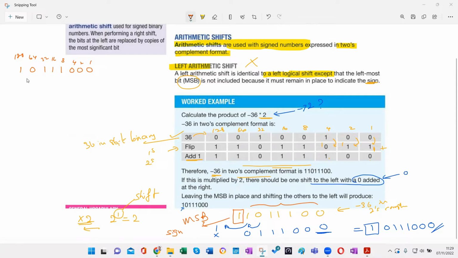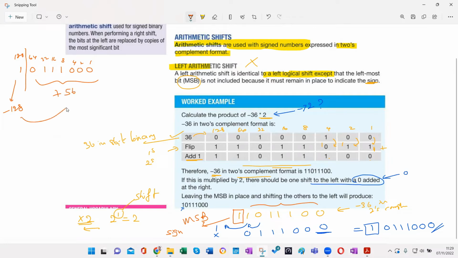All right. So how do you check whether this number is correct? You take the most significant bit and take that positional value as a minus value. That is minus 128. The rest, the magnitude, take it as a positive value. So what is the number we have? 32, 16 and 8. 32 plus 16 is 48, plus 8 is 56.